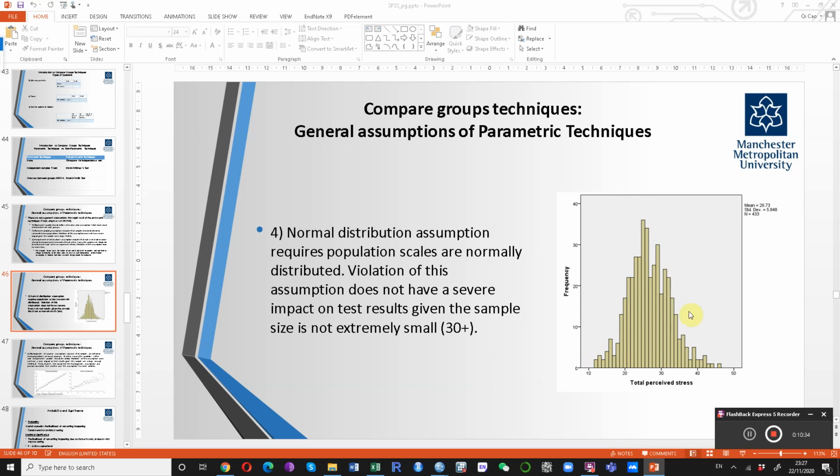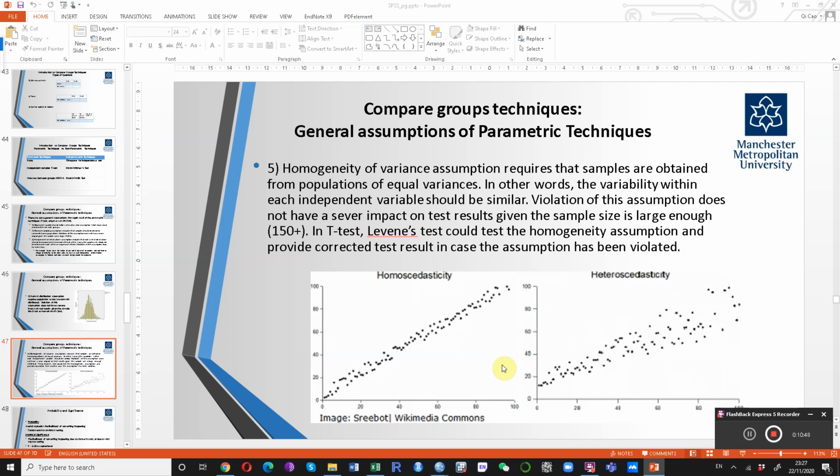If the normal distribution is not fulfilled, then you need to use the corresponding non-parametric techniques, that is either the Mann-Whitney U test or the Kruskal-Wallis test. The fifth assumption is homoscedasticity. Homoscedasticity assumes that the sample is obtained from a population of equal variance.